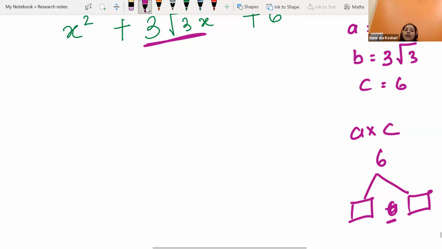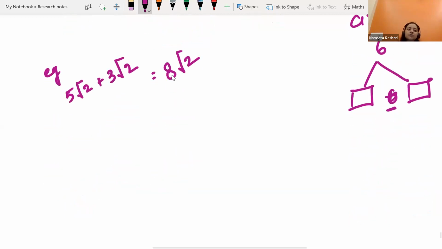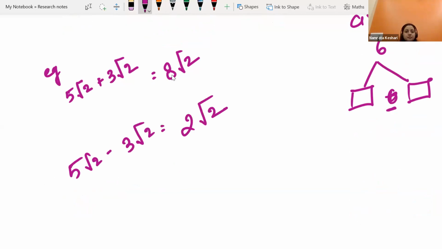there we have already realized that, for example, 5 root 2 plus 3 root 2 is 8 root 2. Okay. Similarly, 5 root 2 minus 3 root 2 is 2 root 2. So what I am trying to show, that if you need root 2 in the result, of course both the factors must be having root 2.